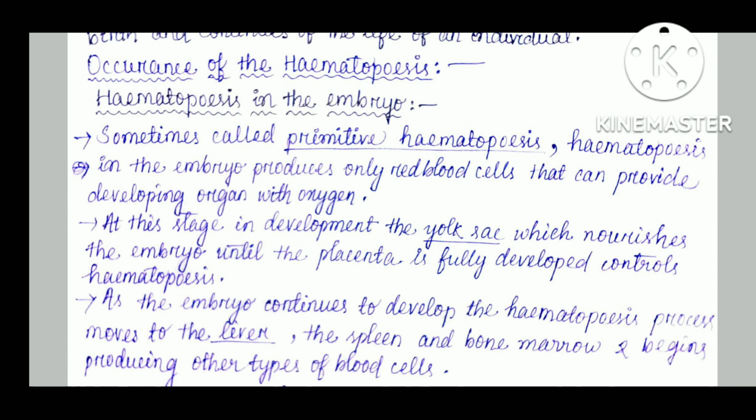Occurrence of hematopoiesis. Hematopoiesis in the embryo is sometimes called primitive hematopoiesis. It produces only red blood cells that can provide the developing organs with oxygen.